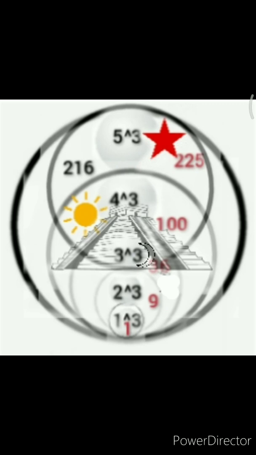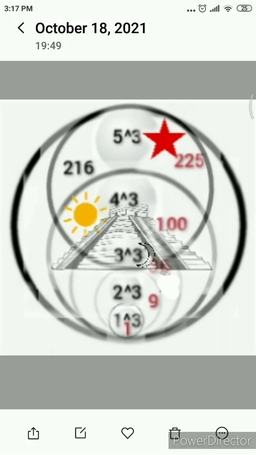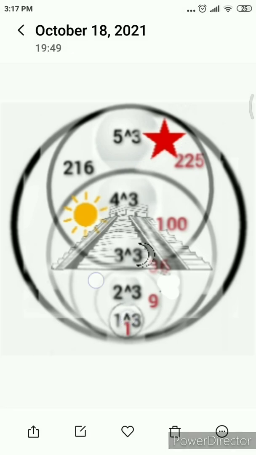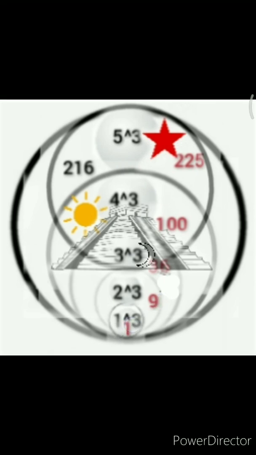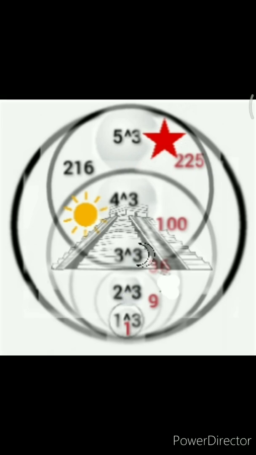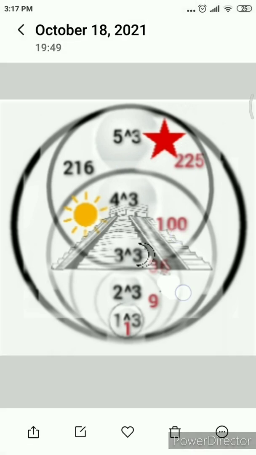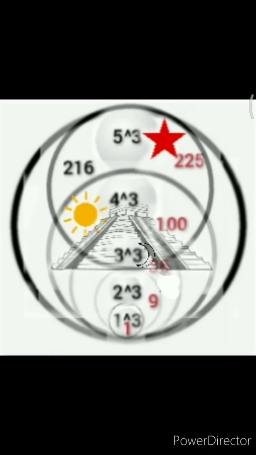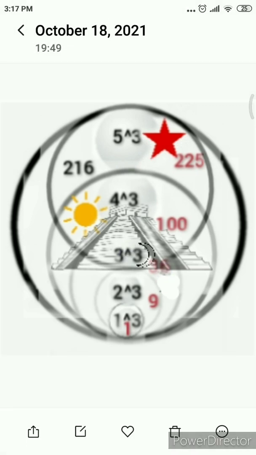Basically, the one cube was enough to form this world. Supplying the energy was enough for this world. For the second sphere you see here, it needed 9. So 2 cube plus 1 cube came together, 8 plus 1, 9. Similarly, the third sphere had 3 cube, 2 cube, 1 cube, that is 36, 36 till the moon.